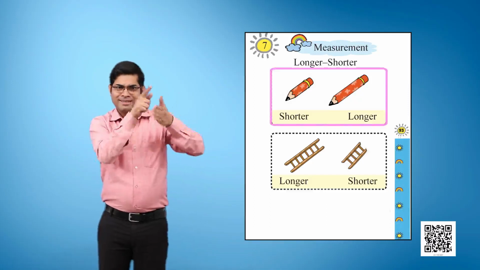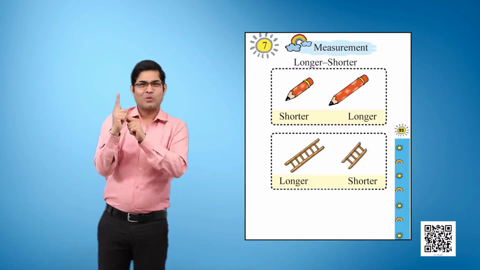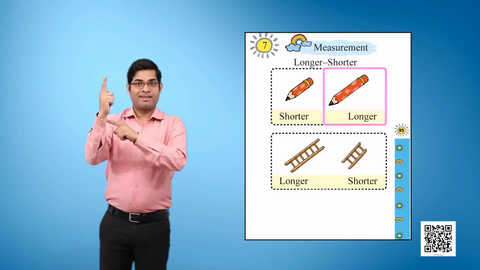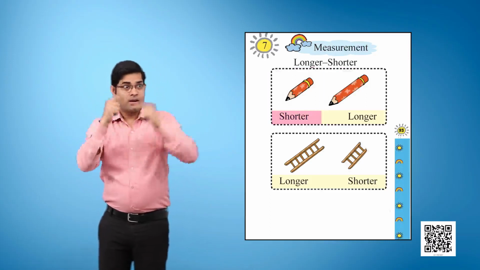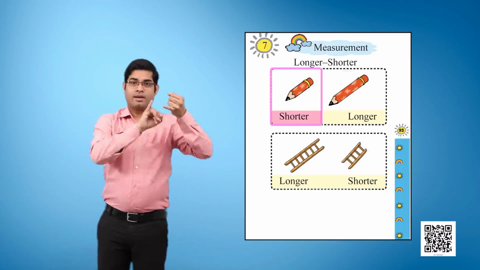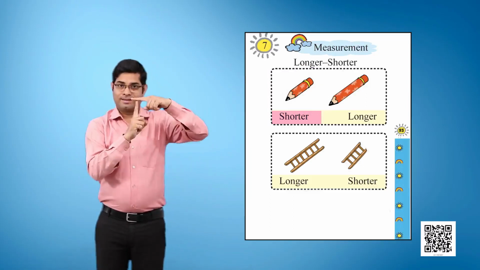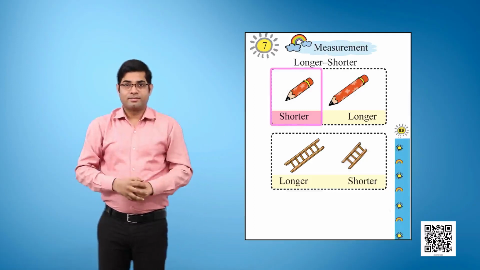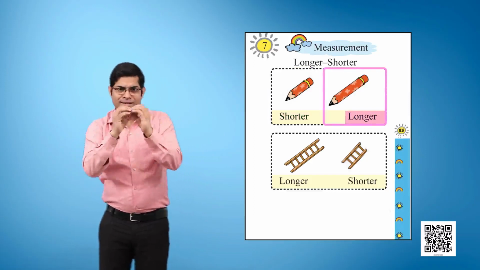Picture 1 shows 2 pencils. Pencil 1 is short. Pencil 2 is longer than pencil 1. Word shorter is written below the pencil 1. And longer is written below the pencil 2.